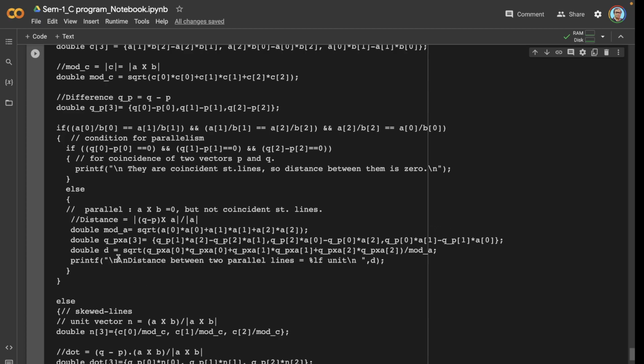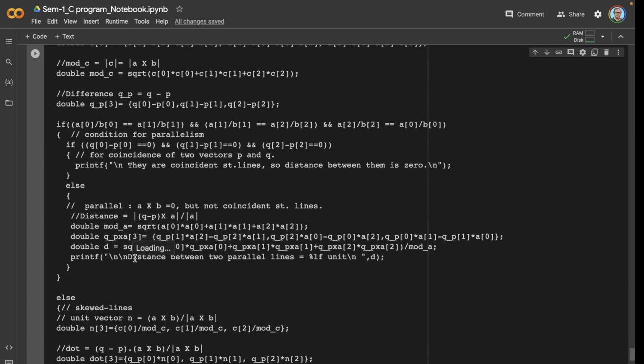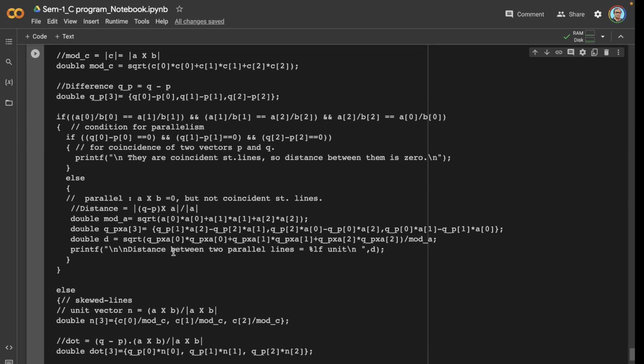And the d vector is the square root of the sum of the squares of the components of q underscore p x a: the first component squared, the second component squared, plus the third component squared. The d vector square root of this is actually the modulus of this.